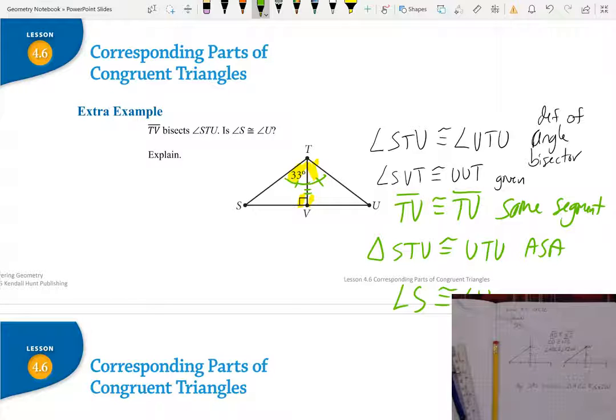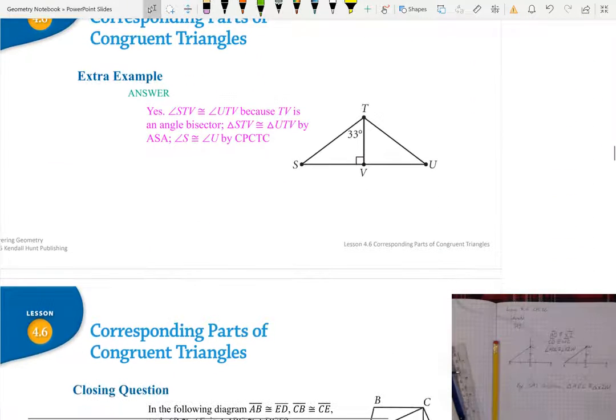It is. Why? Because the corresponding parts of congruent triangles are congruent. And that's what they explain right here, basically. So you have, this is true because TV is angle bisector, and then this is true by ASA, and this is true by CPCTC.